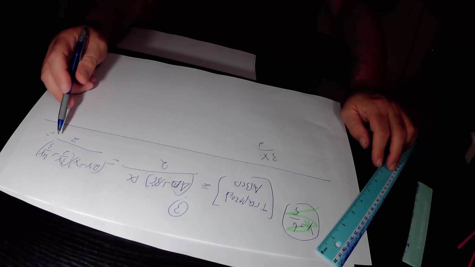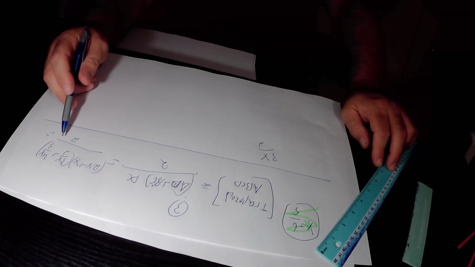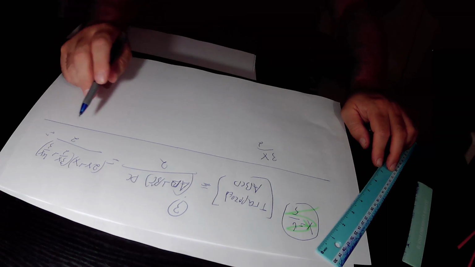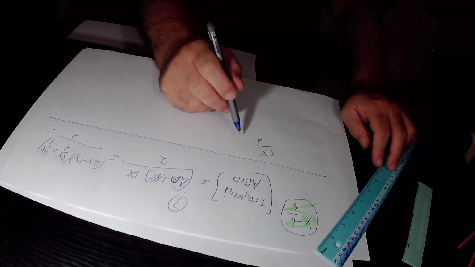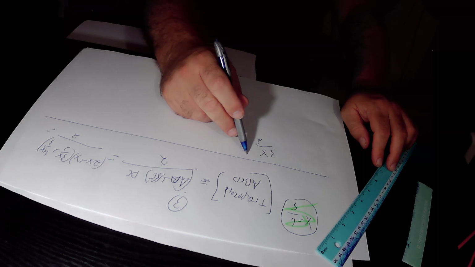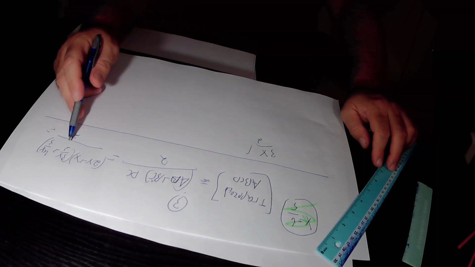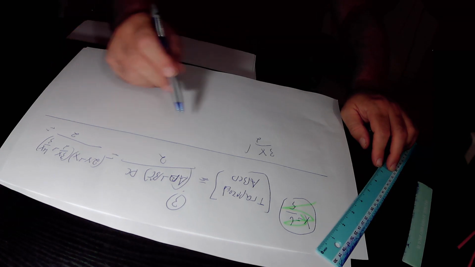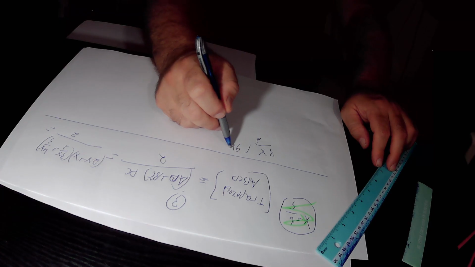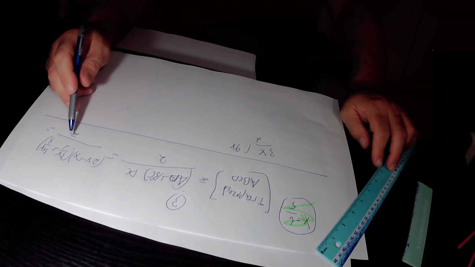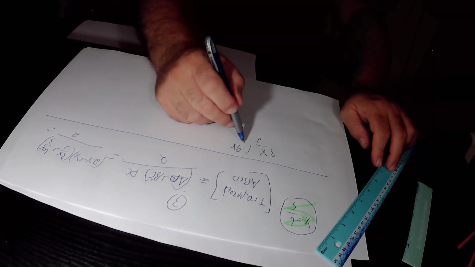So here we take 6 as a common denominator of those two expressions, and we do it by multiplying both the numerator and the denominator of this expression by 3. And we get that 3x times 3 is 9x, and 2 times 3 is 6.